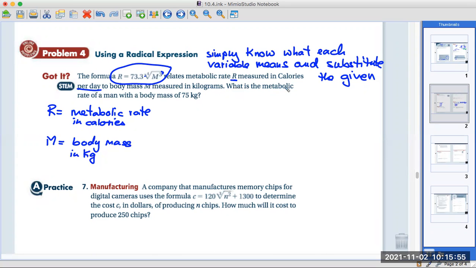What is the metabolic rate? So we're looking for R, because it says here it's of a man with a body mass, and we know the body mass is 75 kilograms. The formula tells you the metabolic rate is how many calories a person burns when at rest.